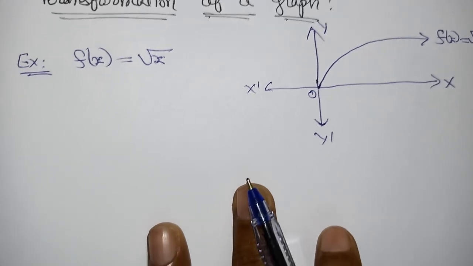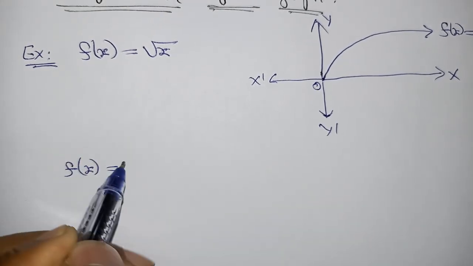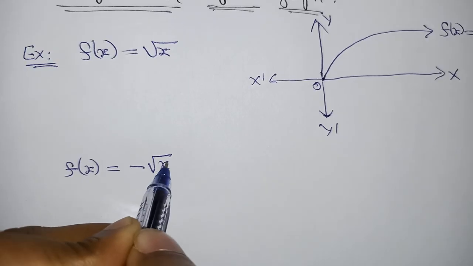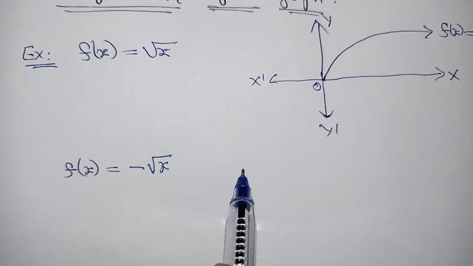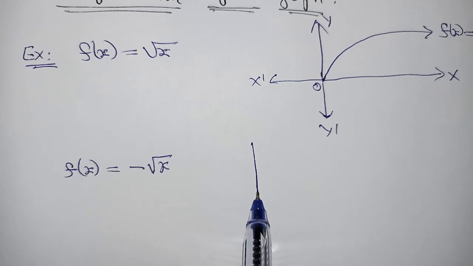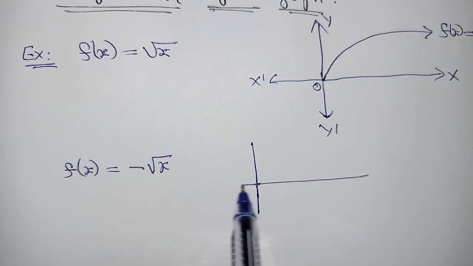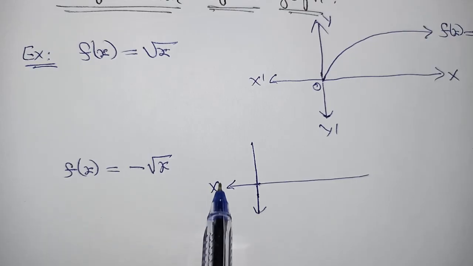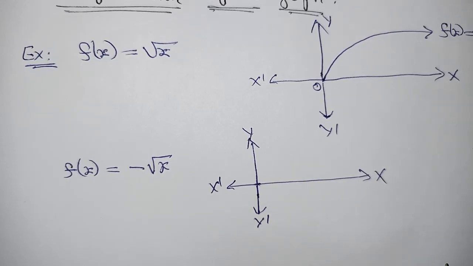So suppose we are taking f of x equal to minus square root x. Here the function is the same, just we are taking a negative sign outside. So what will be the consequences of taking the negative sign on the graph? So this is the negative x-axis, this is the negative y-axis, this is the y-axis, and this is the x-axis.